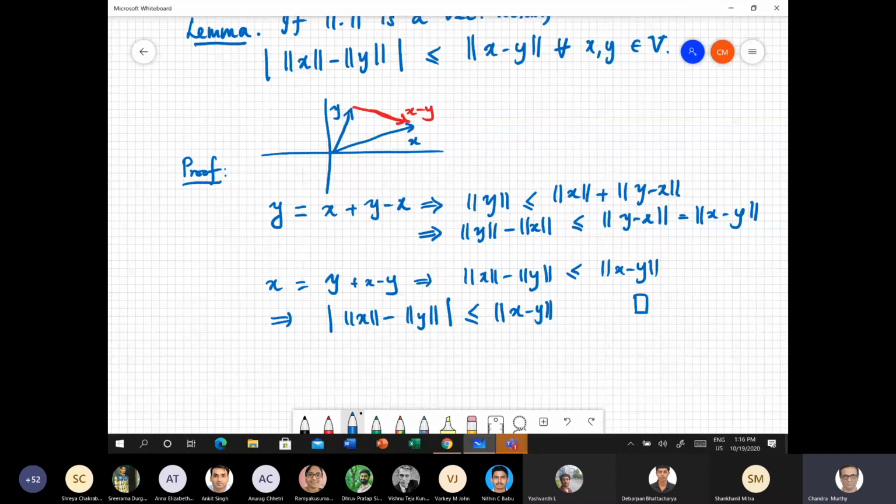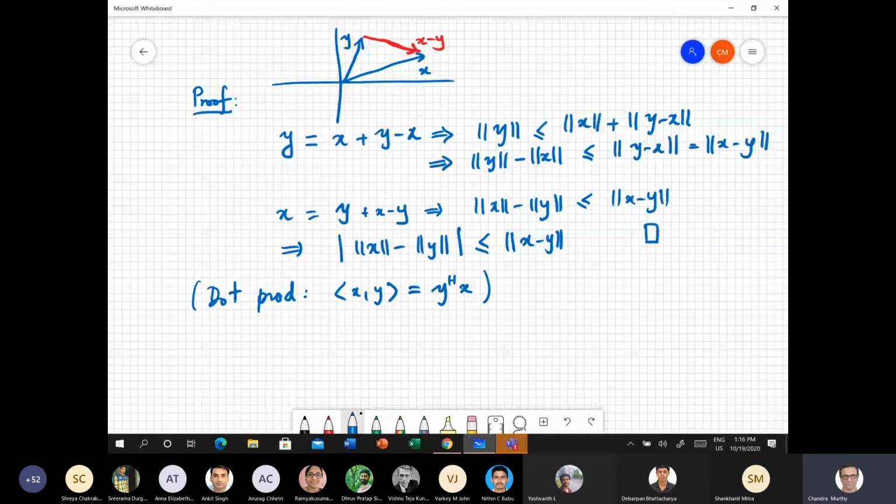So earlier we looked at this thing called the usual inner product or the dot product, where inner product of x and y was defined to be y transpose x, or y Hermitian x for the complex case. I mentioned several times that this is a special case of a definition of an inner product. The more general definition is like this.